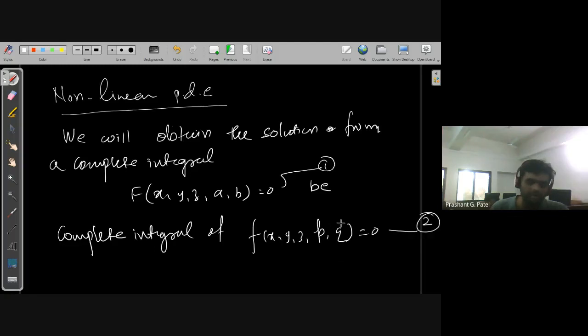So we are interested in finding the solution of this equation passing through a given curve.